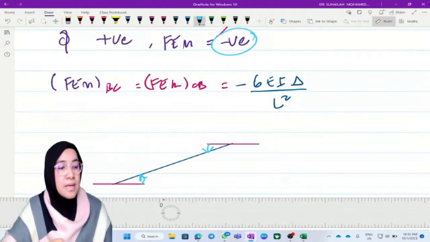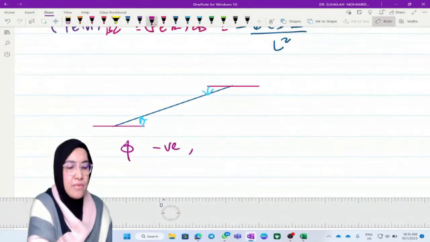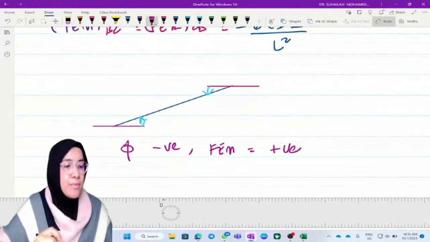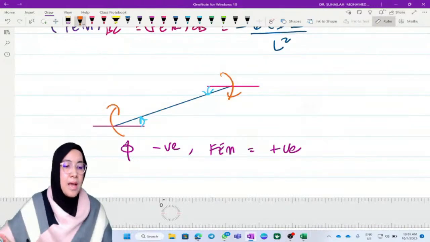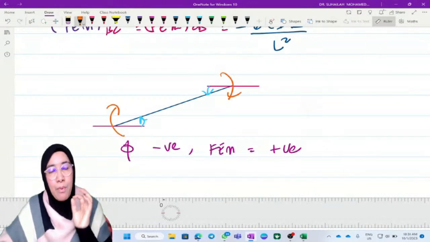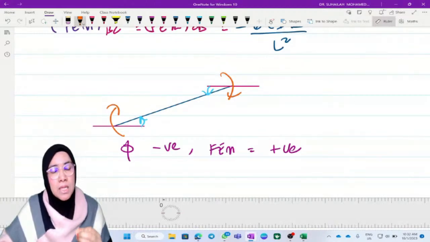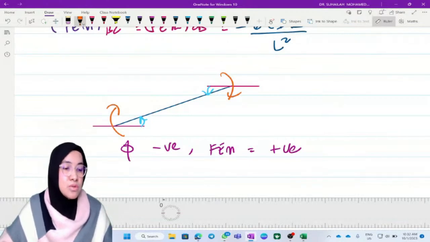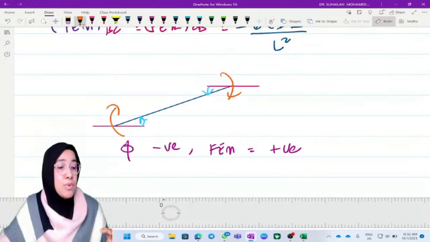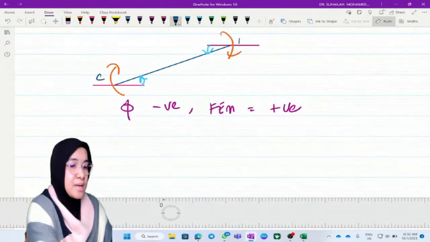A negative angle means chord rotation is negative, which means FEM will be positive, because we apply moment like this. When we apply positive FEM, the moment will push the beam back to its original position. This is for member CD, for C and D.